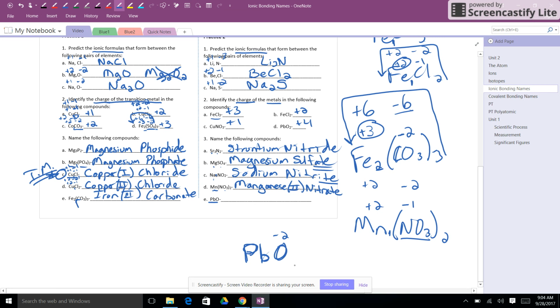So the oxygen is a -2. There's only one of them here, so 1 times -2 is -2. The opposite of -2 is +2, and 2 divided by 1 is +2. So this compound would be called lead 2 oxide. Okay, I hope this one helped.